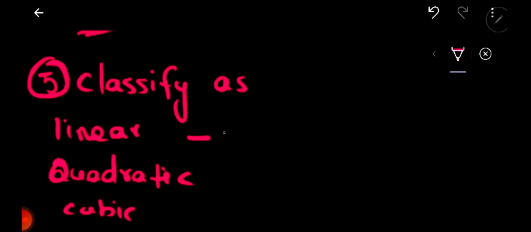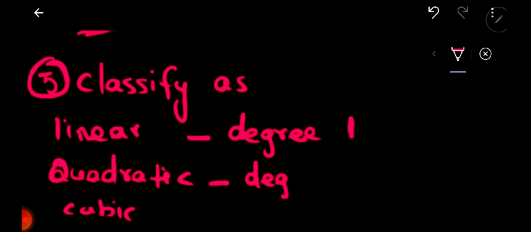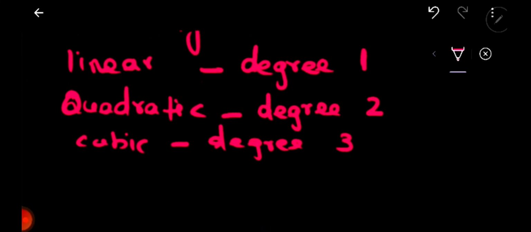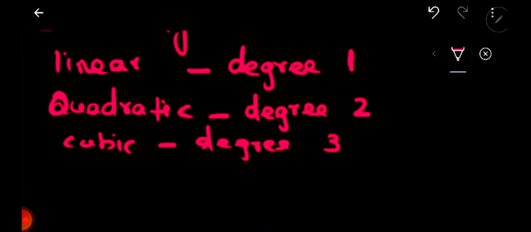Linear means the highest power, that is the degree of the polynomial, should be 1. If the degree of the polynomial is 1, then it is called a linear polynomial. Quadratic means the degree of the polynomial is 2. And cubic means the degree of the polynomial is 3. That's it. We have to check only its degree.